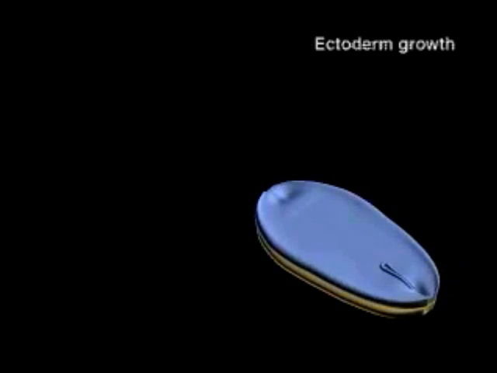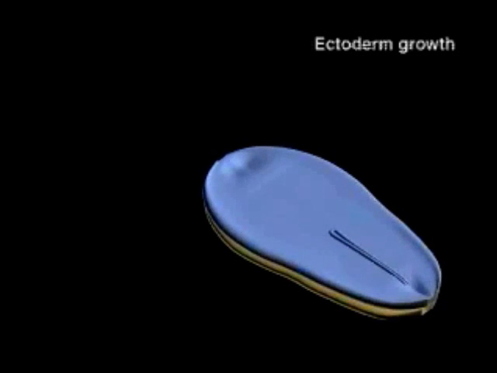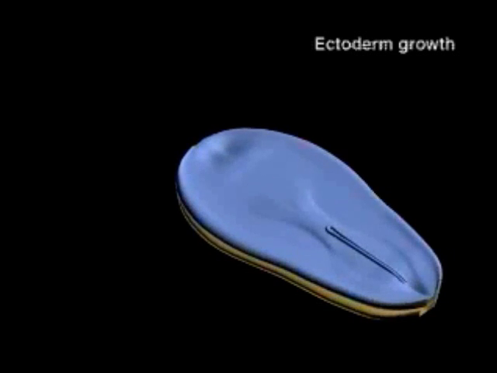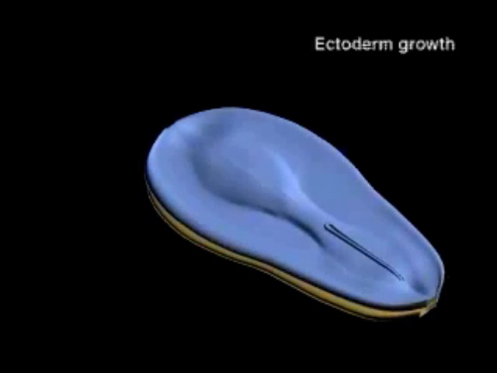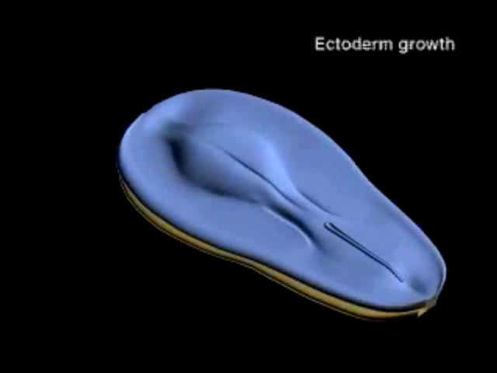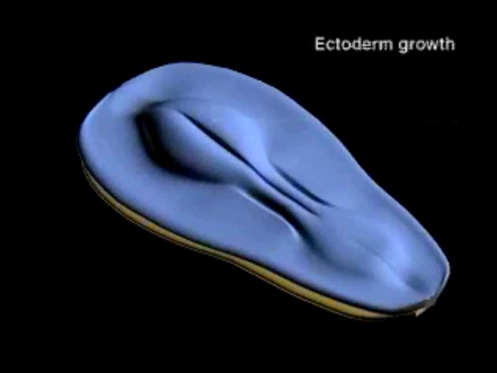With elongation of the embryonic disc, as we can see here, a depression in the epiblast or ectoderm is called neural plate. It will become deepened, forming a neural groove, which will give the development of the central nervous system, the brain, and the spinal cord.